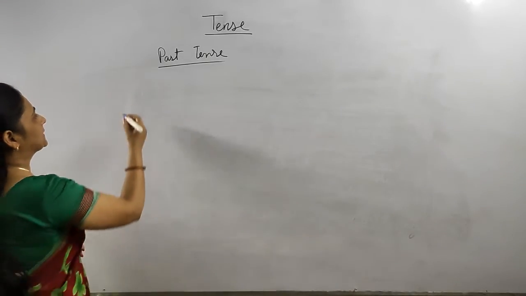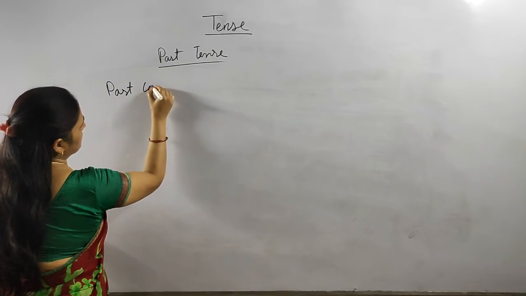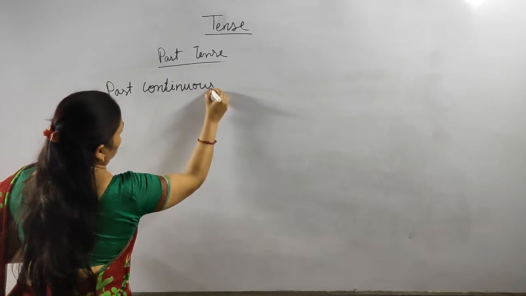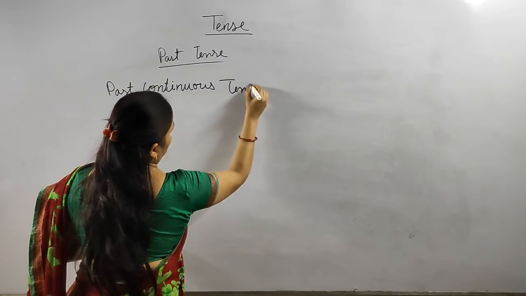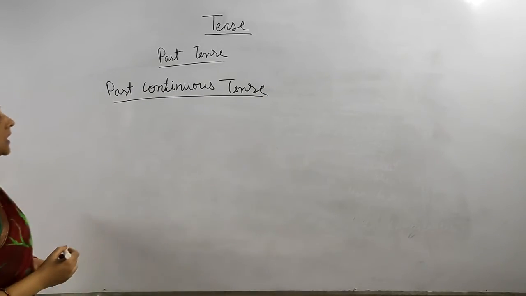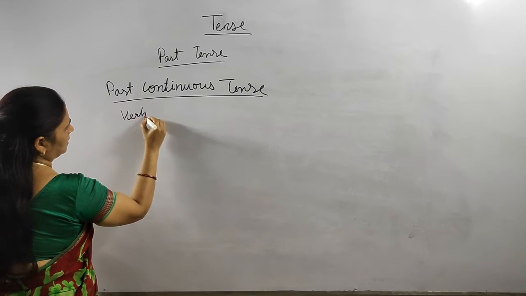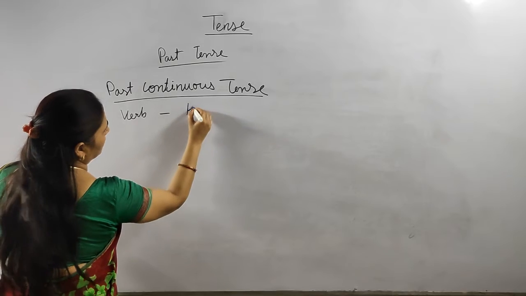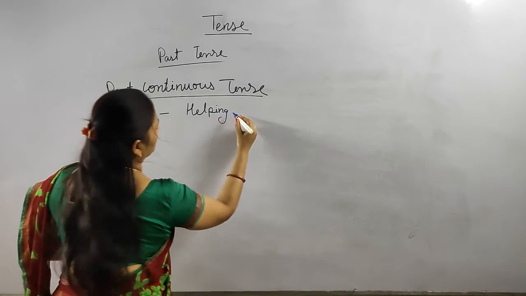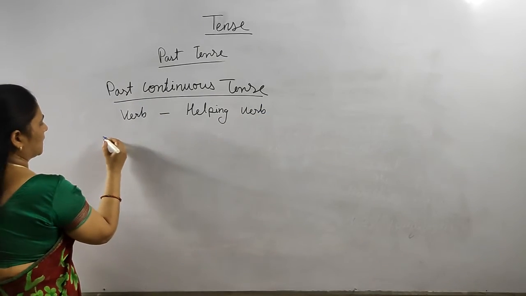Now look at the past continuous tense. First of all, we need to know about the verb and the helping verb.